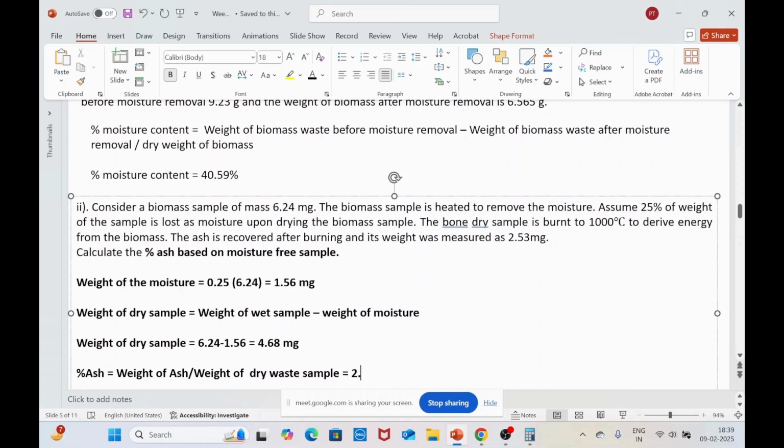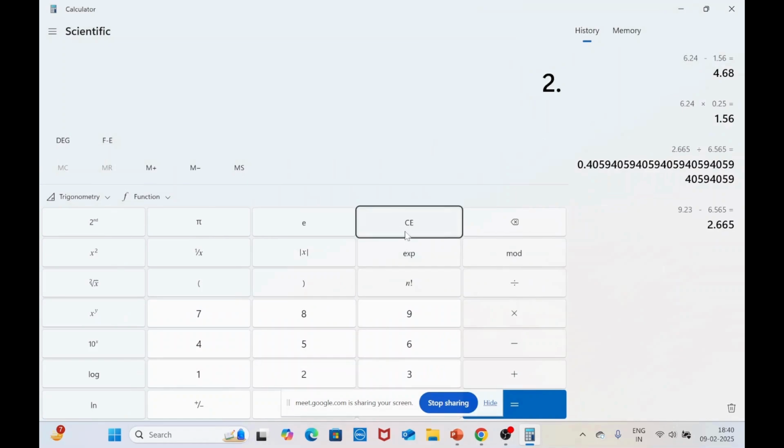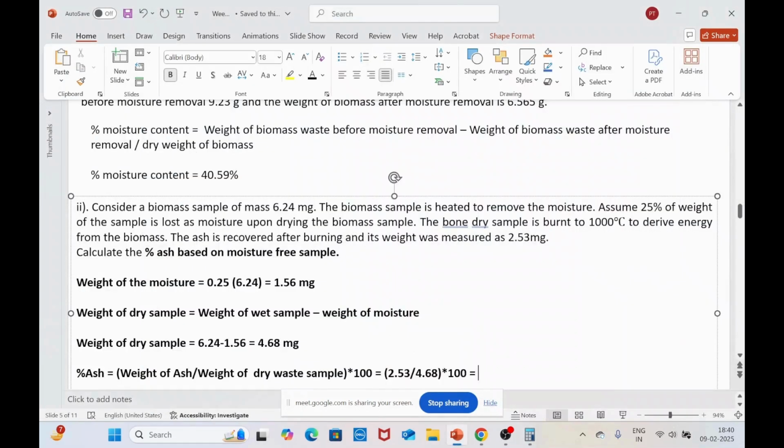So the weight of ash is given as 2.53 by 4.68, times 100. It would be around 54.06 percentage. So this will be your percentage of ash.